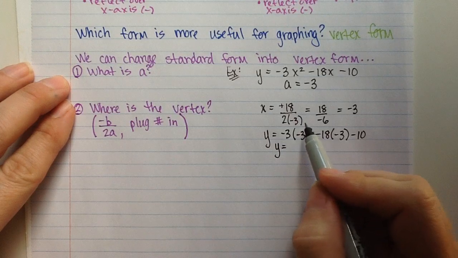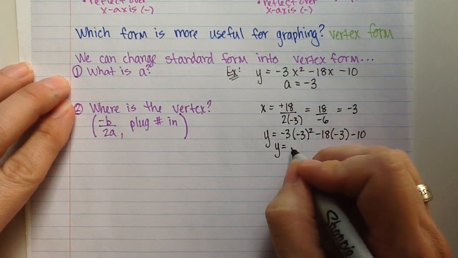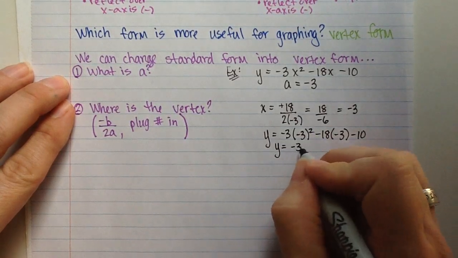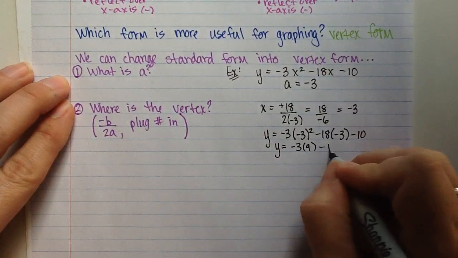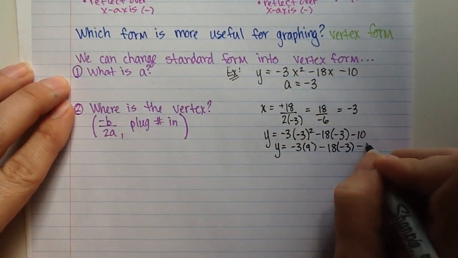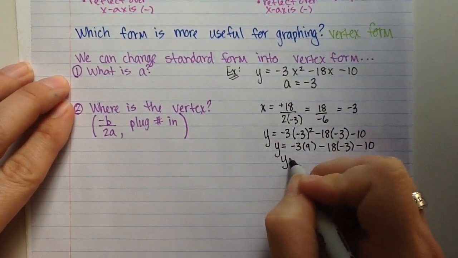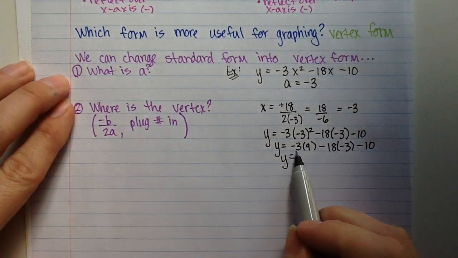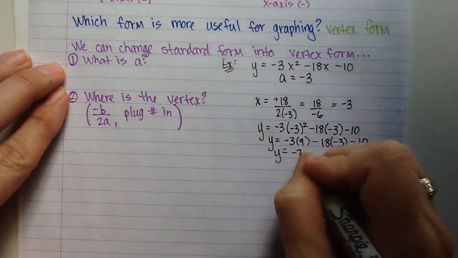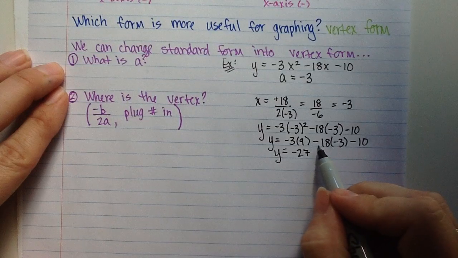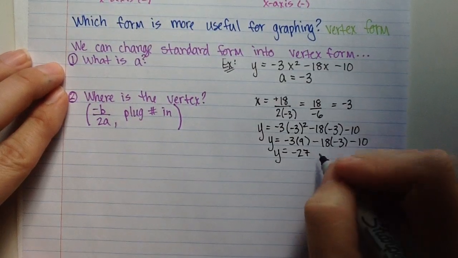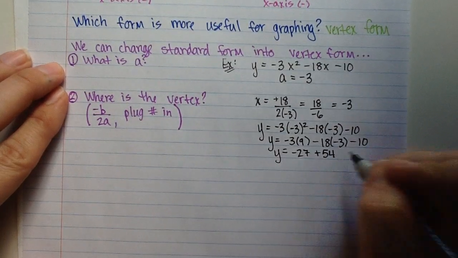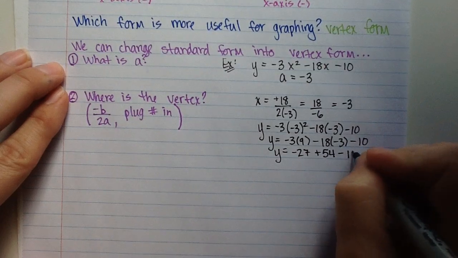So we'll have negative 3 squared makes positive 9. So I have negative 3 times 9 minus 18 times negative 3 minus 10. And then multiply these numbers. Negative 3 times 9 is negative 27. Negative 18 times negative 3 is positive 54. Trust me on that. And then subtract 10.